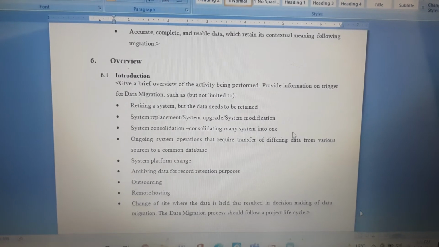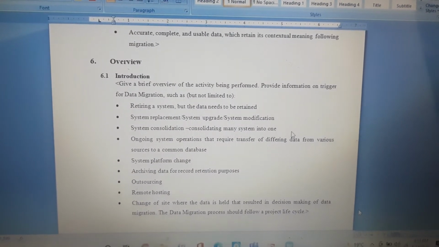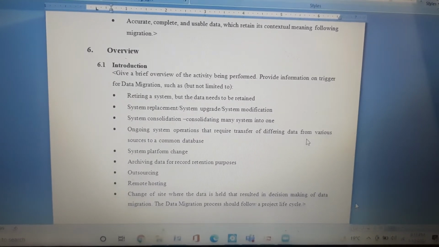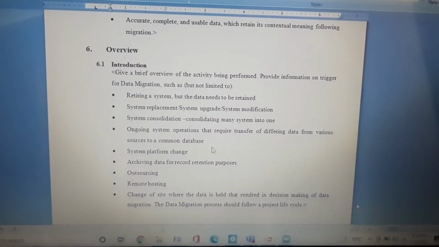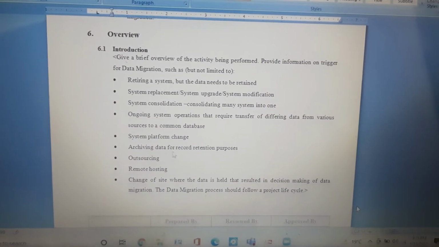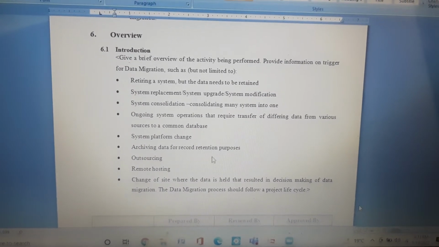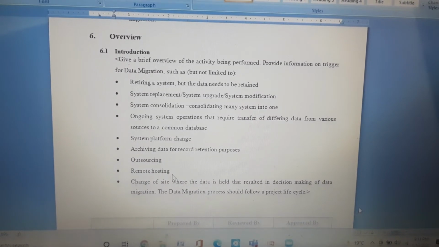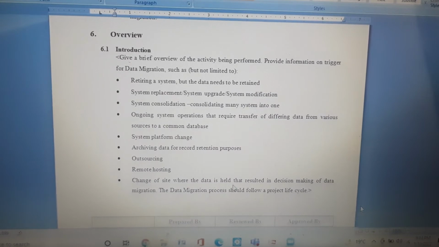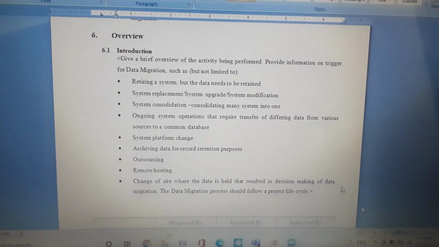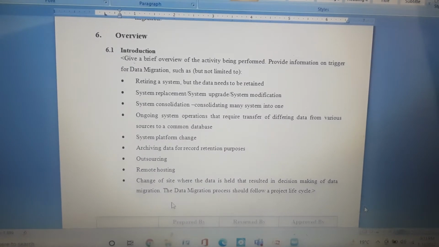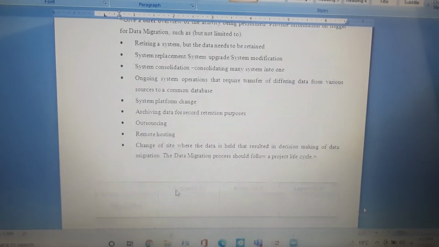In this case there is a need for data migration activities. Or ongoing system operation that requires the transfer of different data from the various source systems to a common database. System platform change, recovering data for record retention purposes, outsourcing, remote hosting, or a change of the site from where the data is held can result in the decision to migrate data. It means your site itself has been transferred to another site.